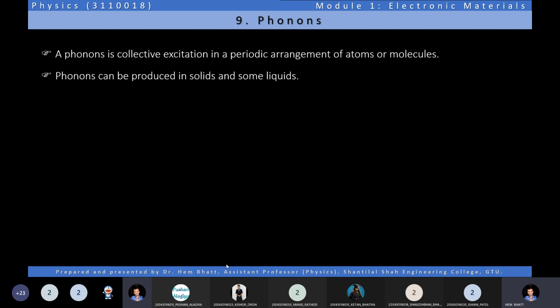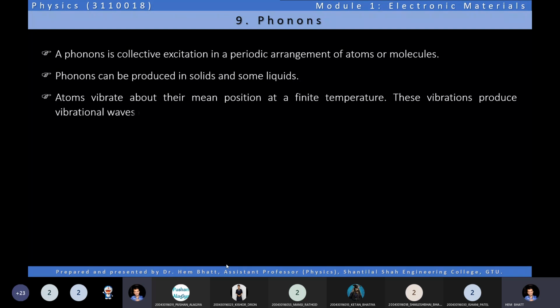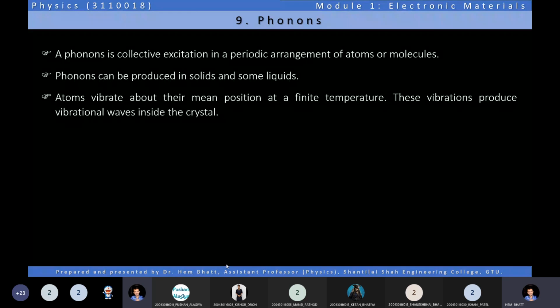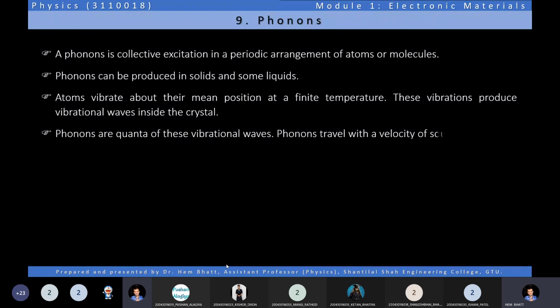Phonons can be produced in solid and liquid, not all liquid, only certain liquid. Atoms vibrate about their mean position at finite temperature. These vibrations produce vibrational waves inside the crystal. Phonons are quanta. Quanta means packet of such vibrational waves, and they travel at speed of sound.